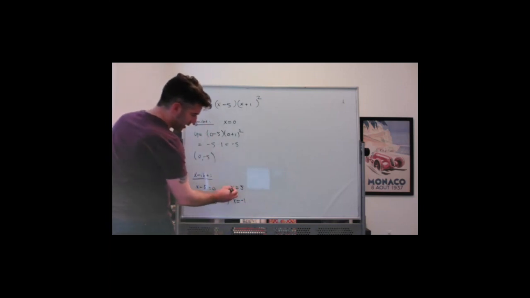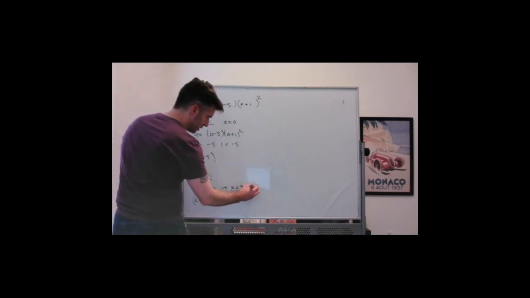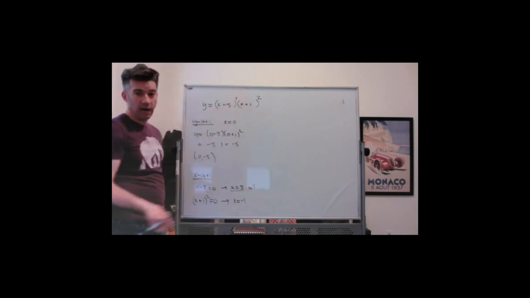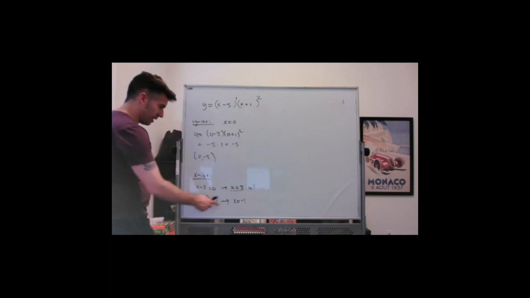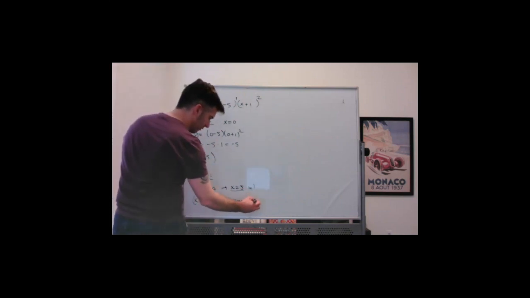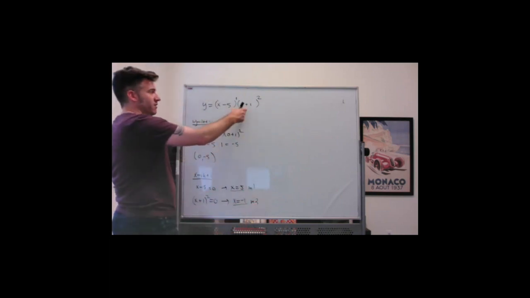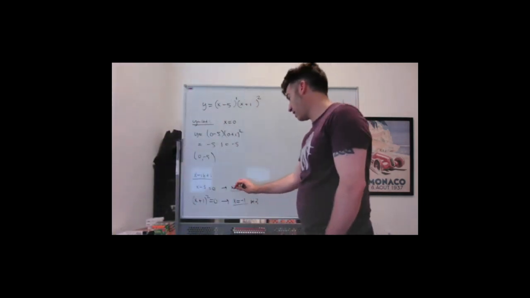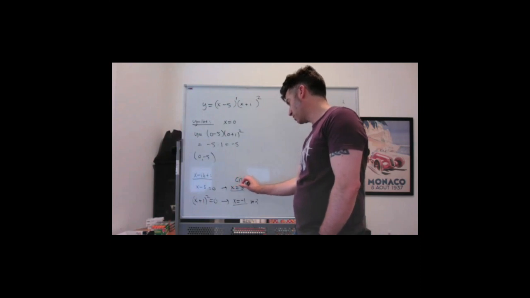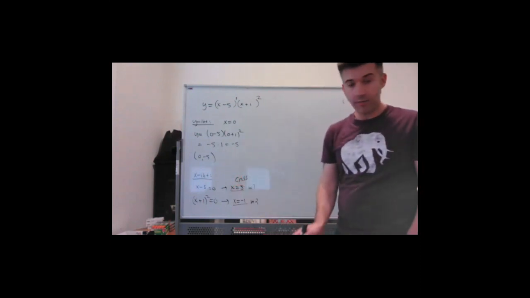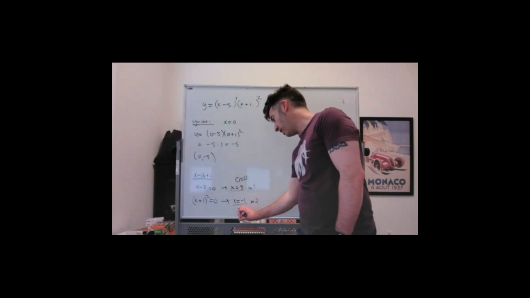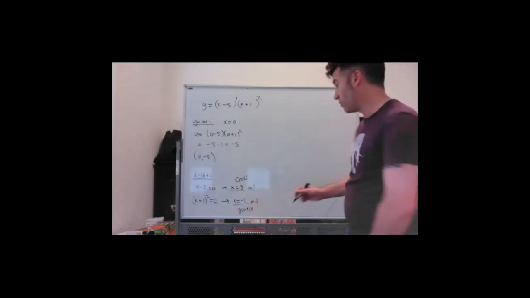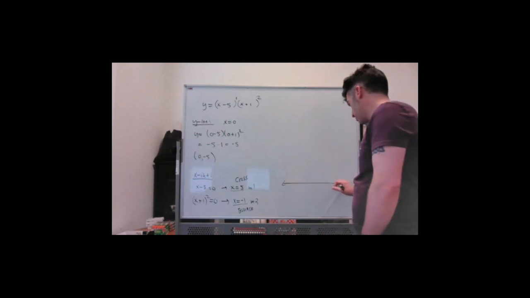And x equal to 5 is going to have a multiplicity of 1 because it came from this factor with a power of 1. x equal to -1 is going to have a multiplicity of 2 because it came from this factor that has a power of 2. And we know that for x equals 5, we're going to cross, as the multiplicity is odd. For x equal to -1, we're going to bounce, because the multiplicity is even. If you like, you can also make a sign chart.